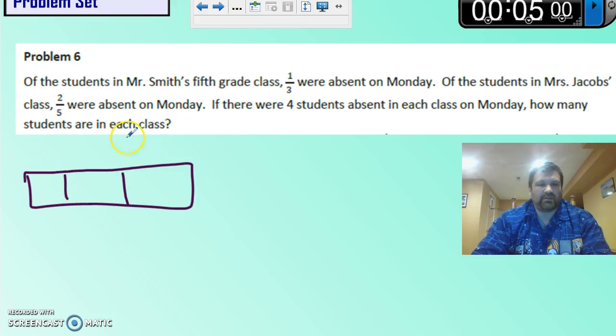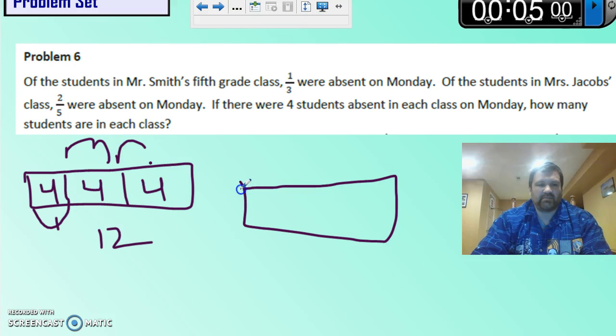Okay. So we have 1/3, this is Mr. Smith's class. And we know that it's 1/3, right? 1/3 is 4. So if we know that one, we know these 3. So in Mr. Smith's class, there are 12 students. So again, draw another diagram. We're going to split it into 5. 1, 2, 3, 4, 5.